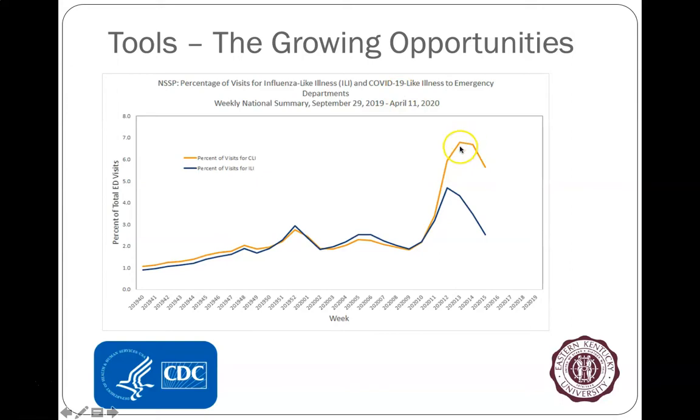They can actually overlay these systems together, and you can see how maybe the flu and the COVID-19 things are getting mixed up. It's a really, really interesting time. Here we can see the percent of visits for influenza-like illness and then the percent of visits for coronavirus-like illness.